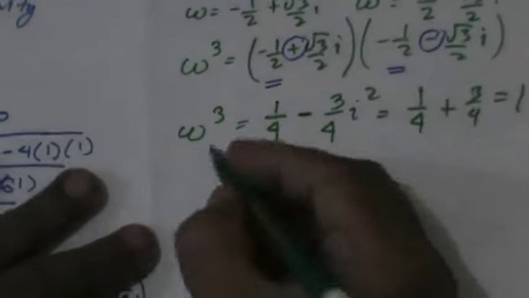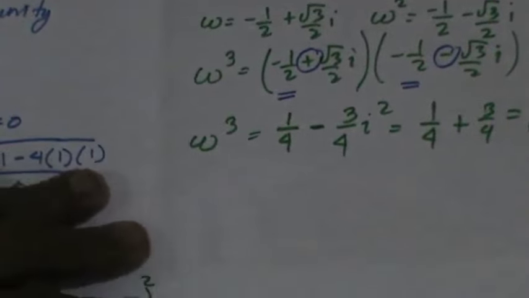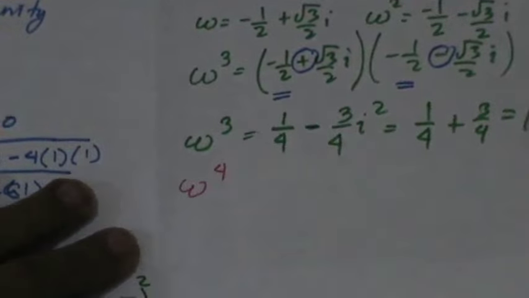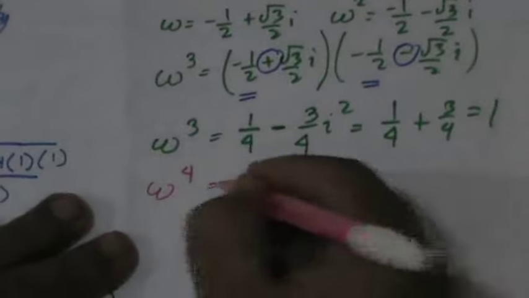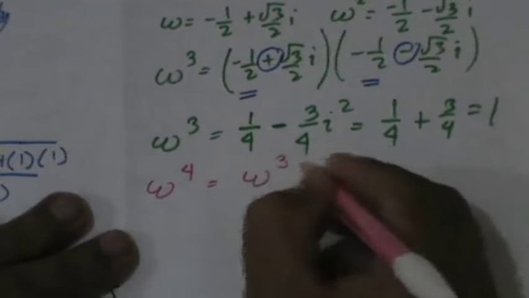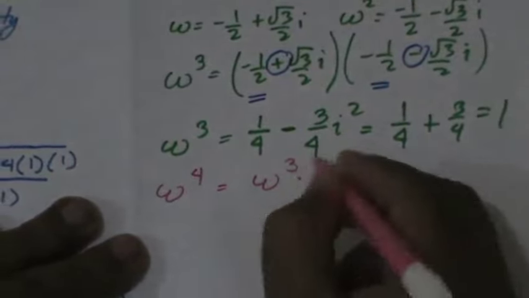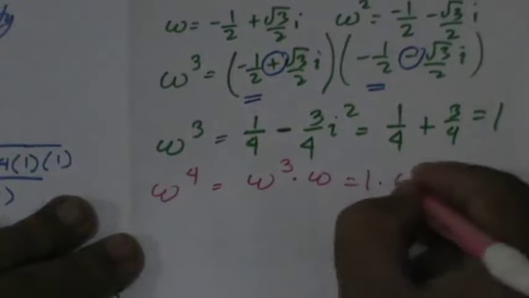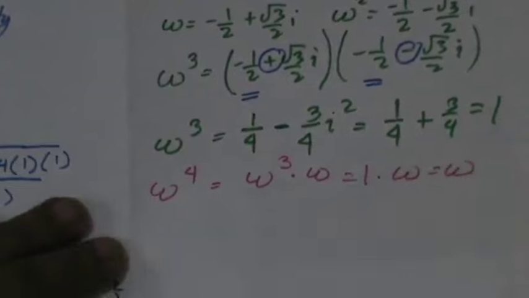So what am I trying to say is that if I have, for example, omega to the 4th, that is equal to omega cubed times omega. But what is omega cubed? Omega cubed is 1. 1 times omega is equal to omega.